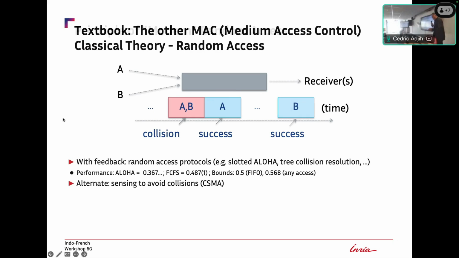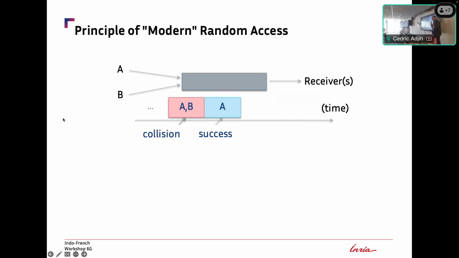So now you can revisit random access with the SIC that I just presented. You look at it a little bit differently. You assume, for instance, that you have two simultaneous transmissions in the first slot, A and B. This is a collision for people doing random access. Now you can do something as before.